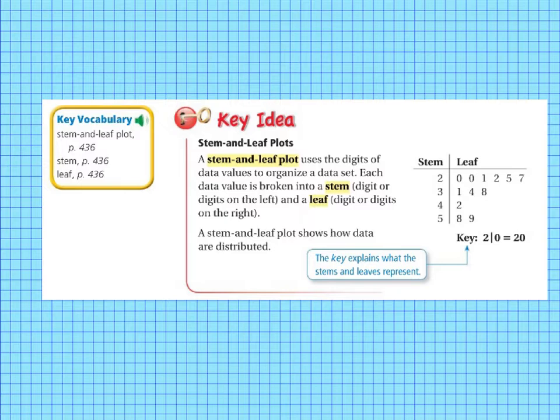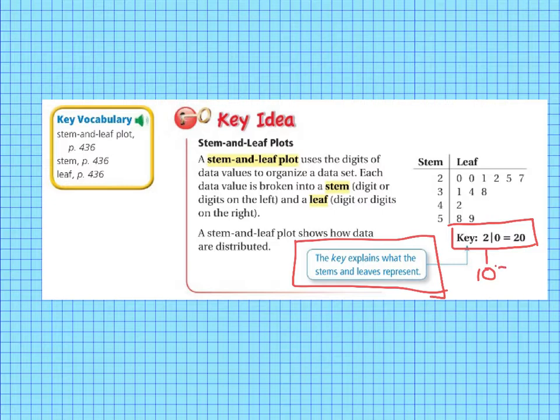And this is something that's really important. It shows you that the key explains what the stems and leaves represent. So for example, in this stem and leaf plot, the key tells us that the 2 and the 0 equal a 20. So that means that the 2 is in the tens place, and the 0 is in the ones place.